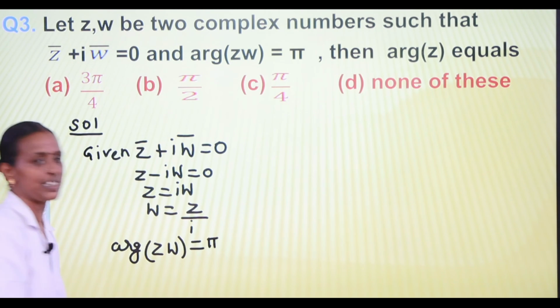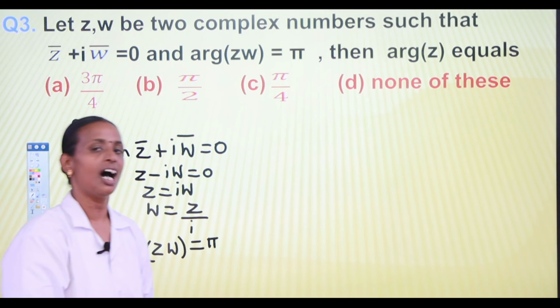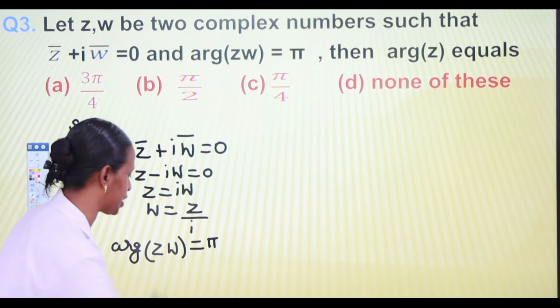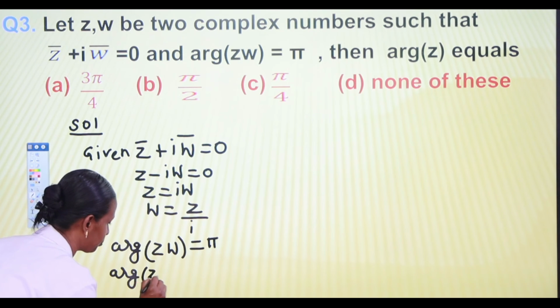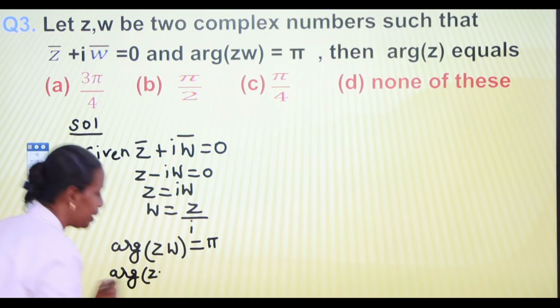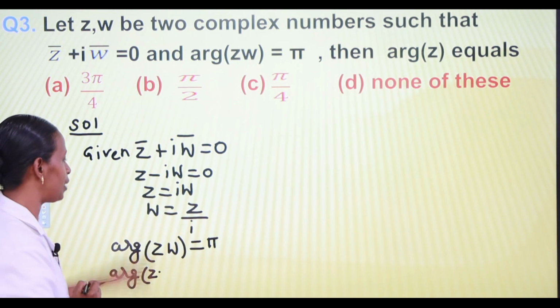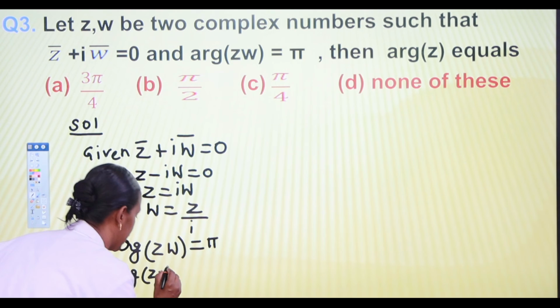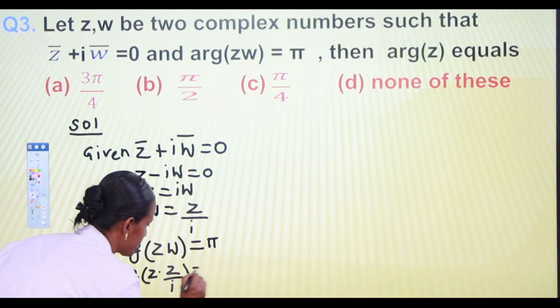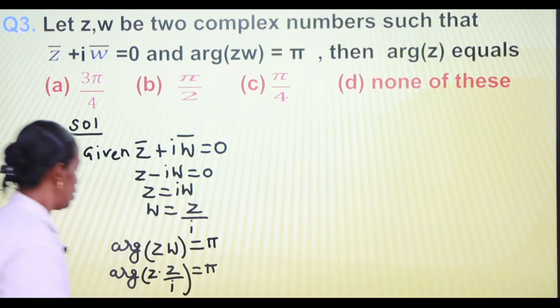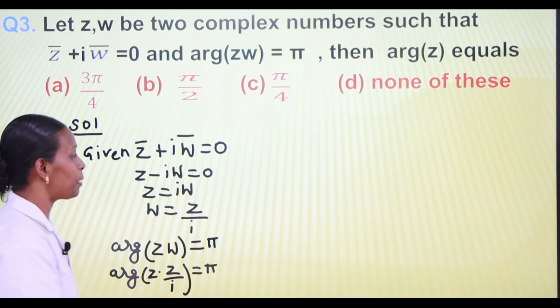So, argument of z1 into z2 can be written as argument of z1 plus argument of z2. Therefore, this is nothing but argument of z into, instead of w, we are writing z by i, which is equal to pi. z into z square by i.